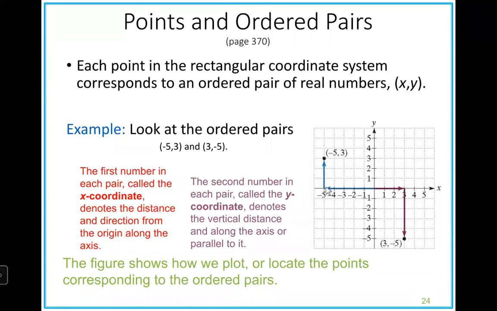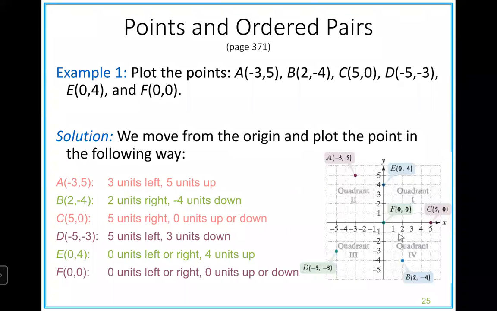So if you want -5, 3, you move to -5 and then move up 3, and you put a small dot here to indicate the point that we are looking for. So it's going to be at this point. The next one was 3, -5. So you go to +3, and -5 means you're going to go down 5. And so this is the point where 3, -5 is. Okay, so a basic review of plotting points.